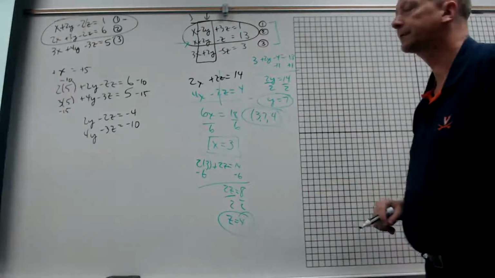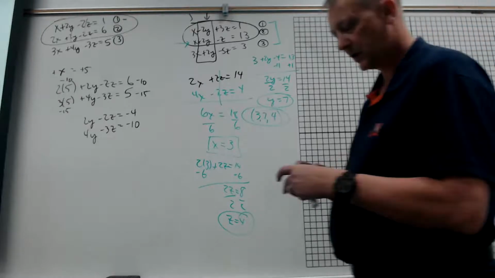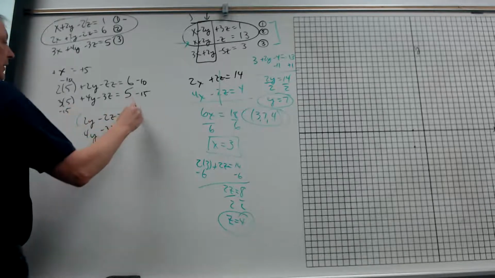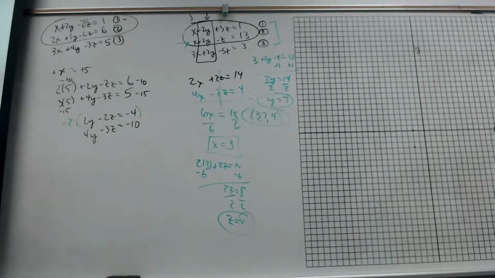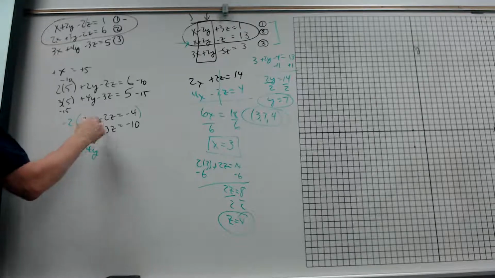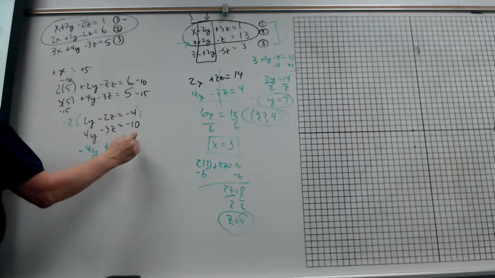Now, which looks easiest to eliminate from those two? I would say the y's still. You could multiply this top equation by negative 2, right? And then it would eliminate the y's. That would give me negative 4y plus 4z equals positive 8.